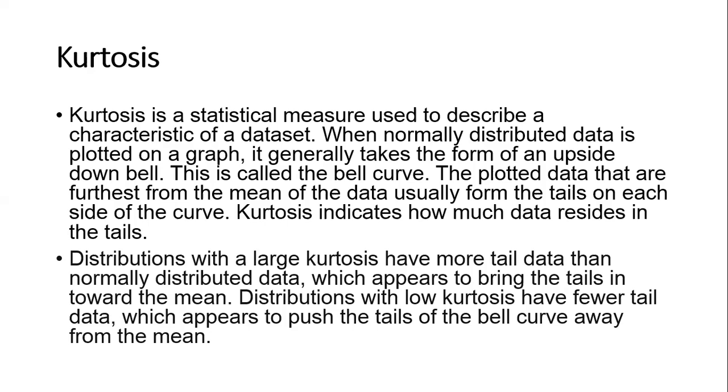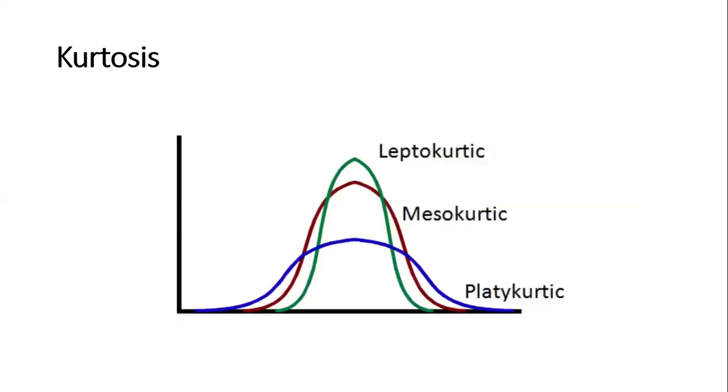Distributions with a large kurtosis have more tail data than normally distributed data, which appears to bring the tails in toward the mean. So that makes the tail closer to the mean, like this green one you are seeing now. You see the tail is closer to the center, thereby gathering more data compared to this slim tail.